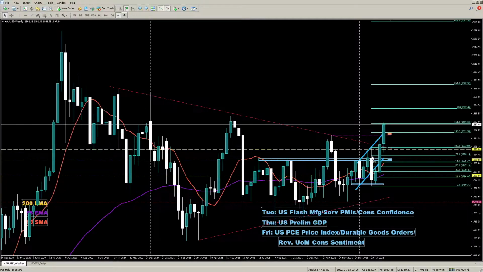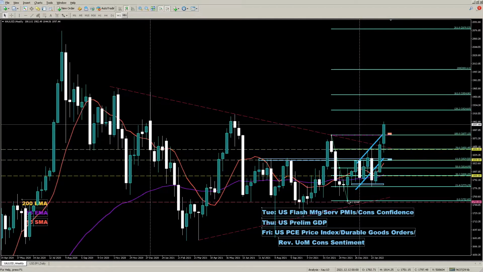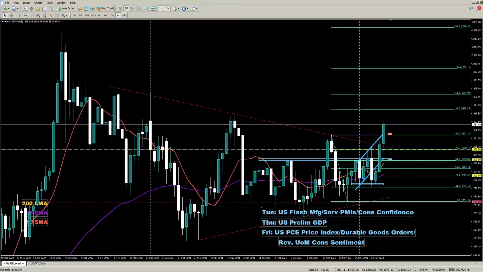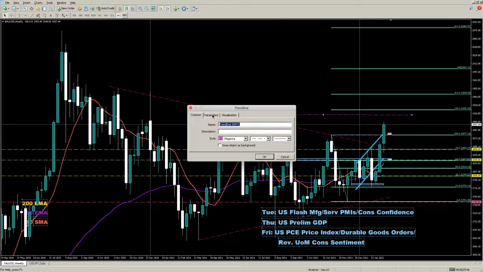Let's see if we can also find a potential target for the next high, and it's past this swing high here. So this swing high is at the 1916.60.